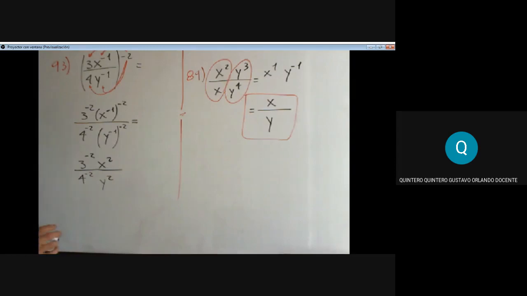Okay, so now we need to solve these two. This is negative and this is negative. We can do this in just one step. Look at this. X to the 2 and y to the 2, I am not touching these two. I am leaving them how they are, but I'm changing the 3 to the negative 2 and the 4 to the negative 2.